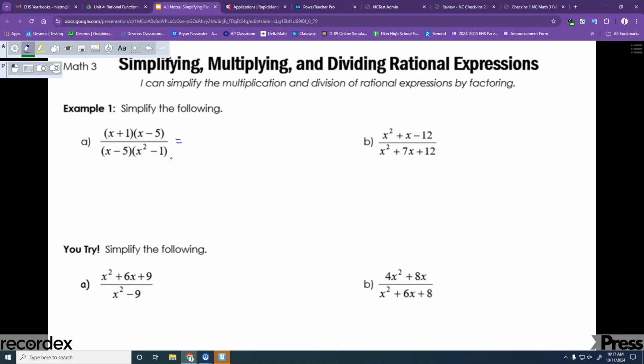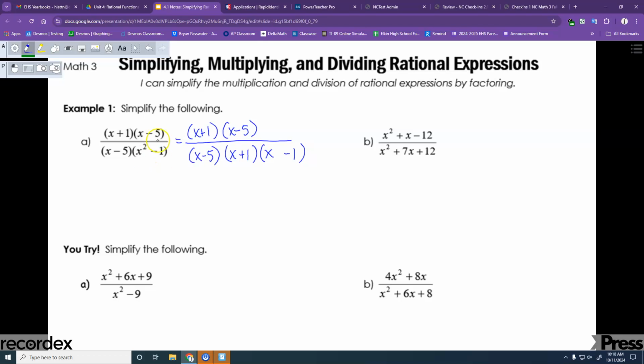So the top, we're going to leave it alone. x plus 1, x minus 5. And in the bottom, we're going to have x minus 5, stays the same. But then x squared minus 1, I can factor like this. And so I'll have an x and an x, what numbers do I need to use? Positive 1, negative 1.